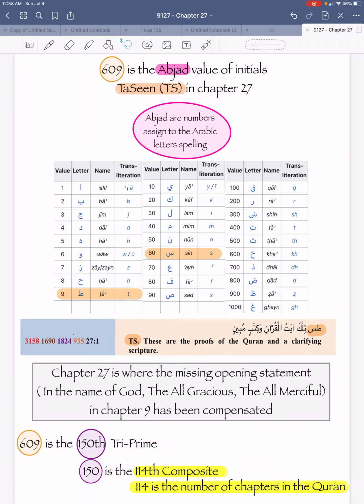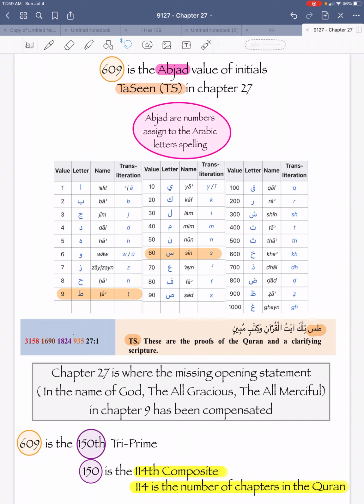So far, God told us mathematically via number 9127, chapter 9 having 127 verses, the location of the missing opening statement, Bismillah, and the total number of chapters in the Quran.